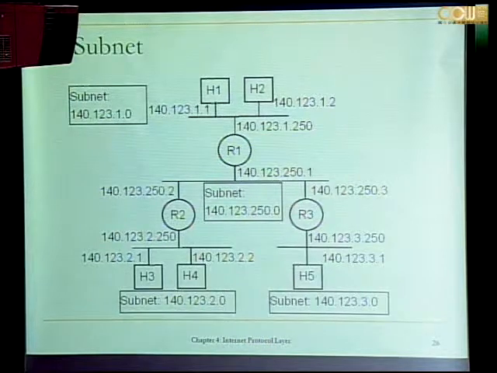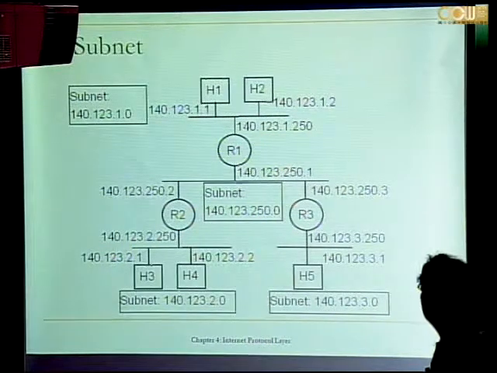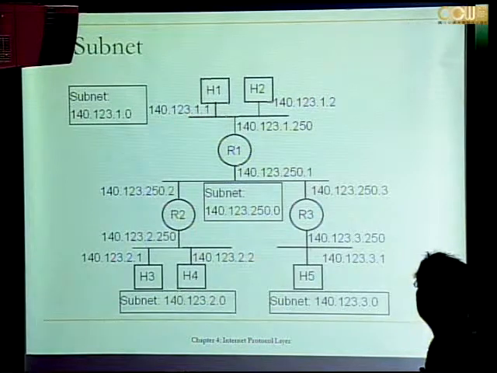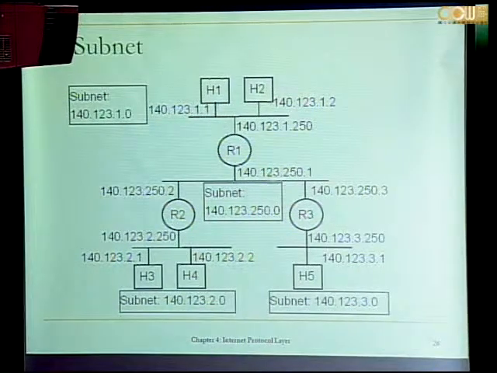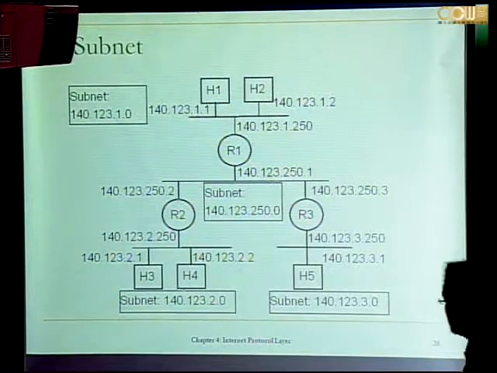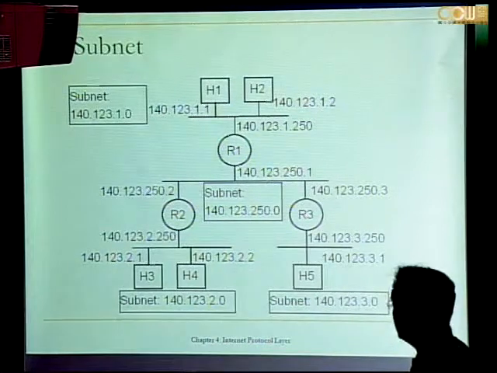Okay, here's an example where you have 1, 2, 3, 4 subnets in this network. 4 subnets connected by 3 routers. So here you see the network address of each subnet, and also you see the IP address of each host and router.